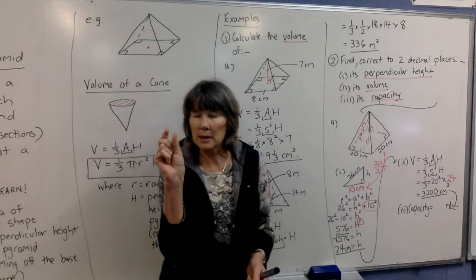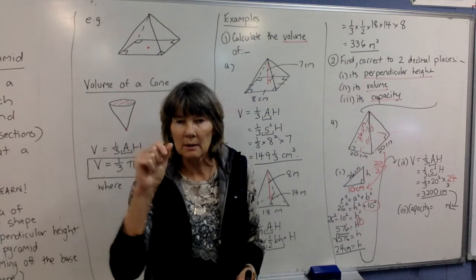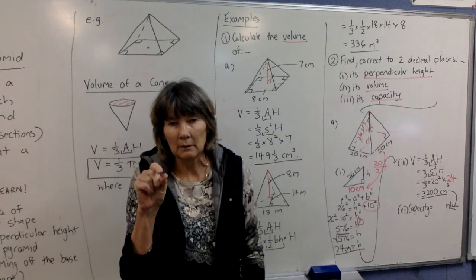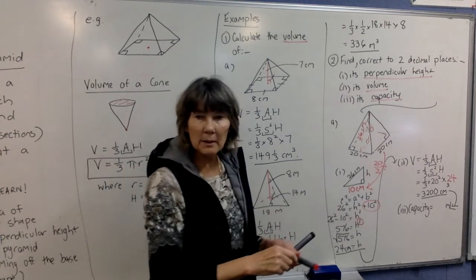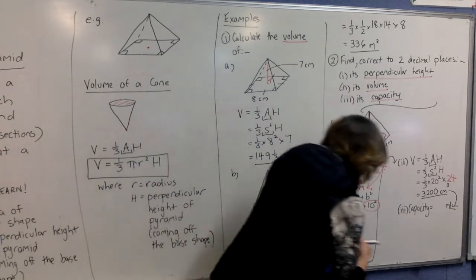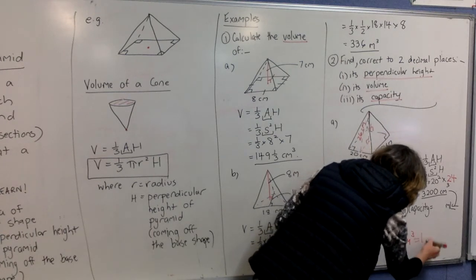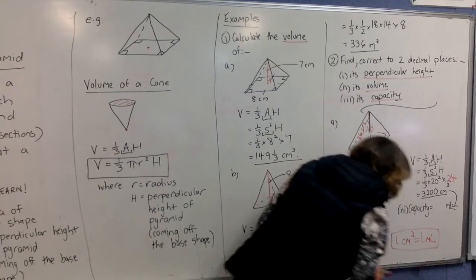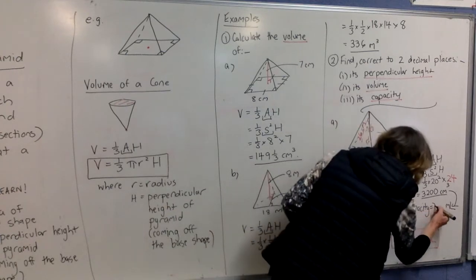So remember, a centimetre cubed is a little cube with 1 centimetre side lengths. Very small cube. How many millilitres fit into that? 1. So you need to know that 1 centimetre cubed equals 1 millilitre. 1 for 1. So if we have 3,200 centimetres cubed, we have 3,200 millilitres.